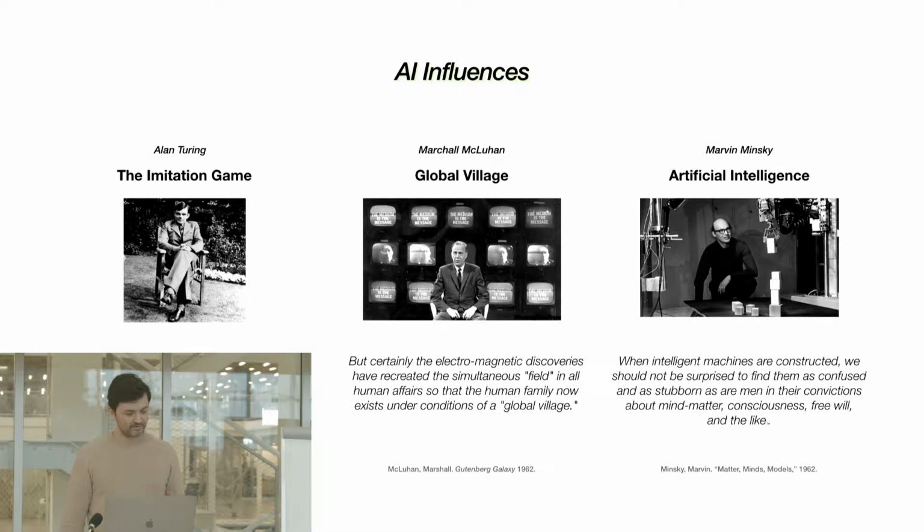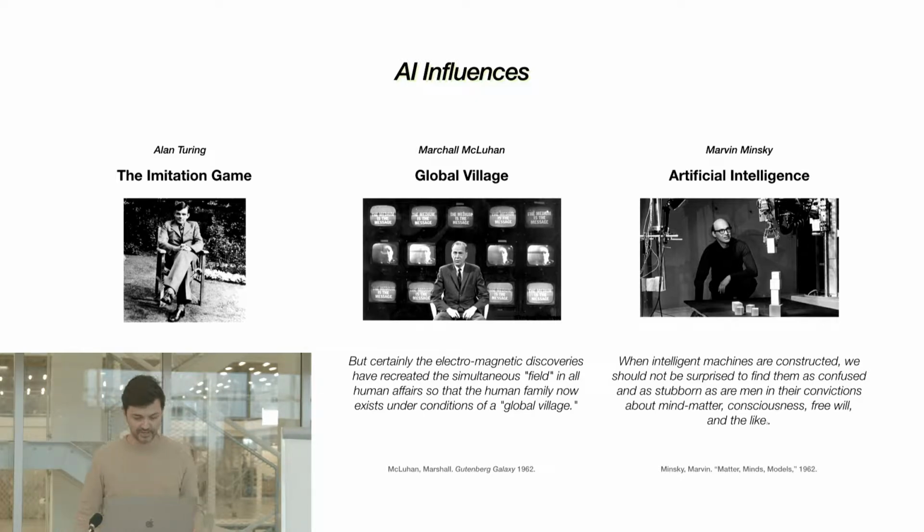And then one of the earlier researchers in AI and one of the inventors of artificial neural networks, Marvin Minsky, on the right, defined artificial intelligence as the science of making machines do things that would require intelligence if they were done by men. In the conclusion of his 1965 paper, he describes what he expects of future intelligent machines.